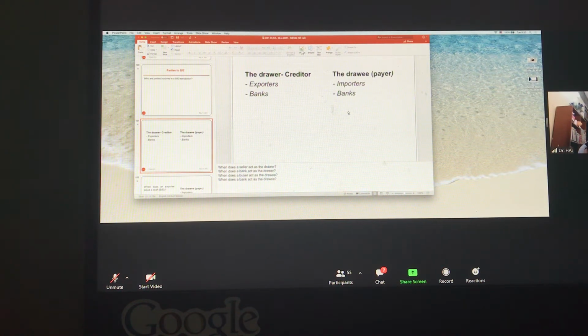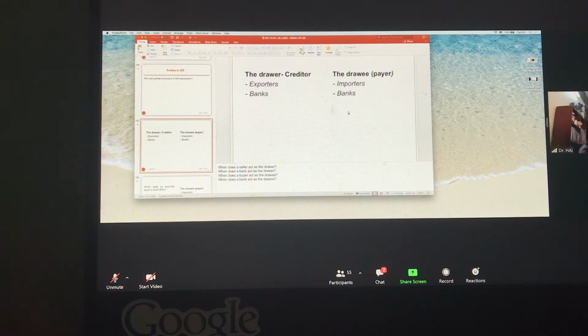It means in reality, we have the exporter issue the bill and the importer is drawee. And a commercial bank issues a bill and then the drawee is the importer. So at least you have 4 different types of drawer and drawee. Just in regard to drawer and drawee, remember this.